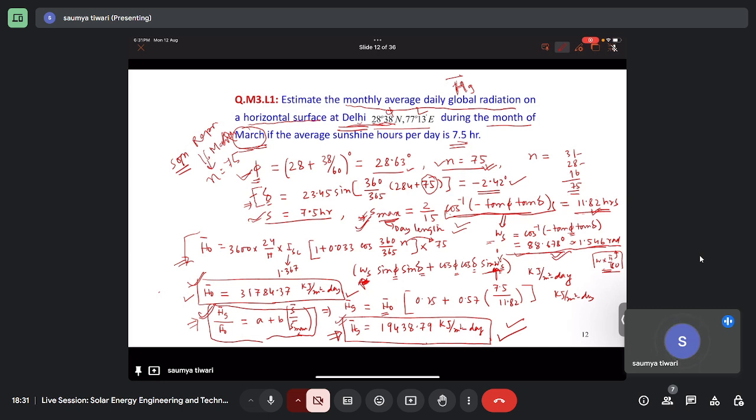Phi, latitude and longitude are given, during the month of March, if the average sunshine hour per day is 7.5 hours. So what is already given in the question? Your phi is given, L is given, your month is given, March, and your average sunshine hours per day, this is your S bar. What you need to calculate is Hg bar. So we know the formula Hg bar equals.